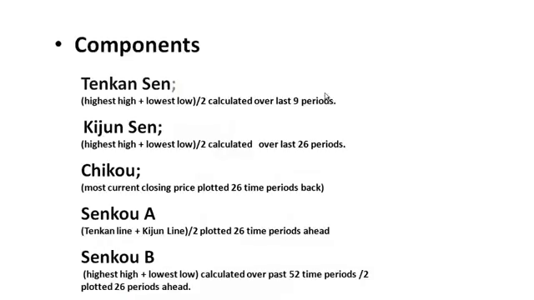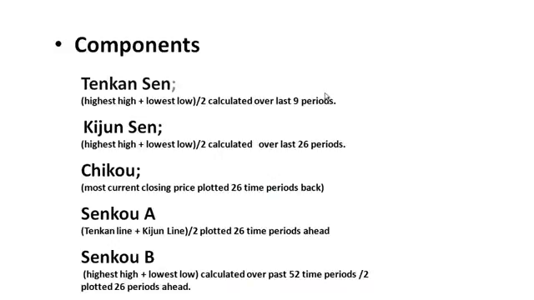The components are made up of Tenkan-sen, which is taking the highest high and the lowest low during the last 9 periods, or 9 candles, and dividing it by 2. Kijun-sen, same thing, highest high and lowest low calculated over the past 26 periods, divided by 2. Chikou, most current closing price, plotted 26 periods behind.